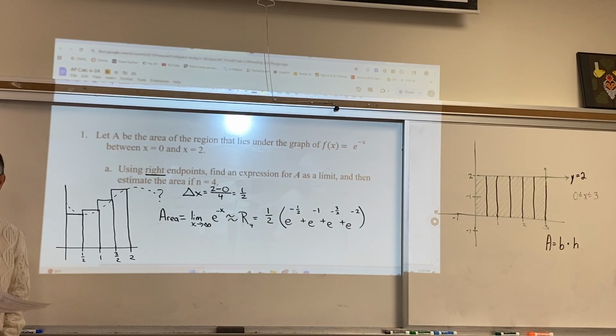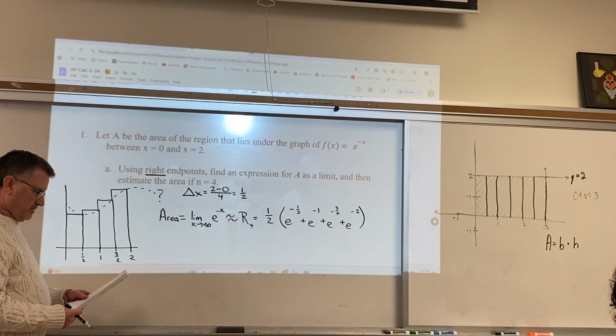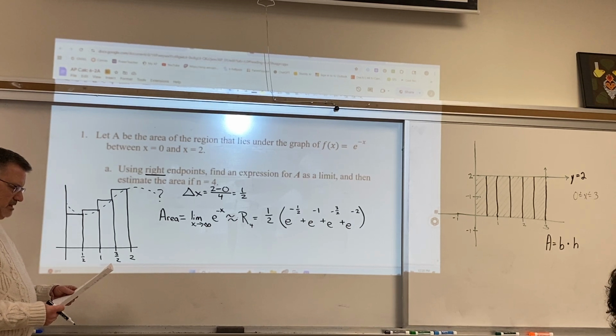Is it okay if I put the final answer? I kind of skipped to the chase. I don't think I did put the final answer. Somebody want to do that real quick, see what the final answer is? E to the negative 1/2 plus e to the negative 1 plus e to the negative 3/2 plus e to the negative 2. Get that answer and then multiply by 0.5. I just set everything up.